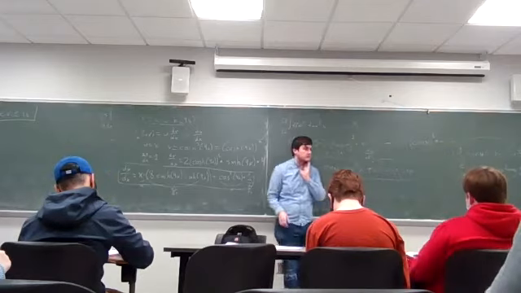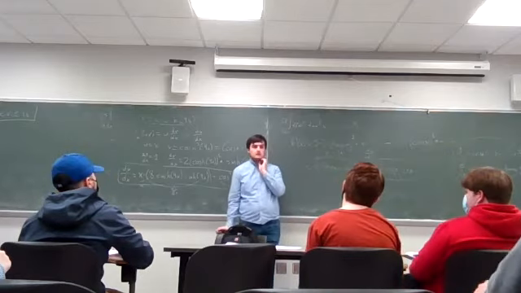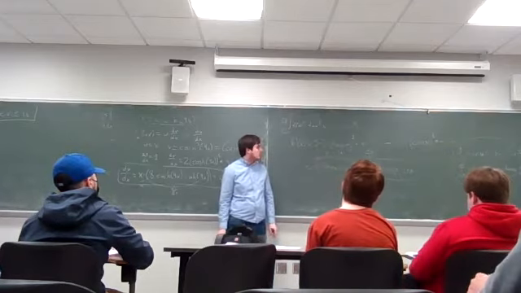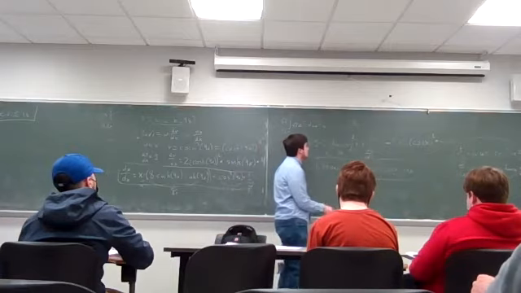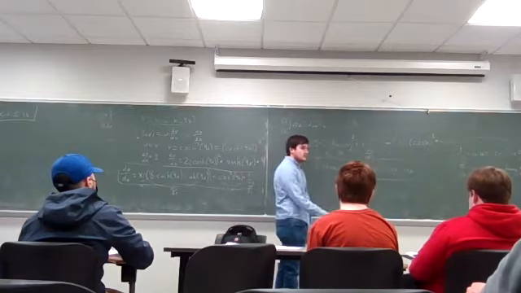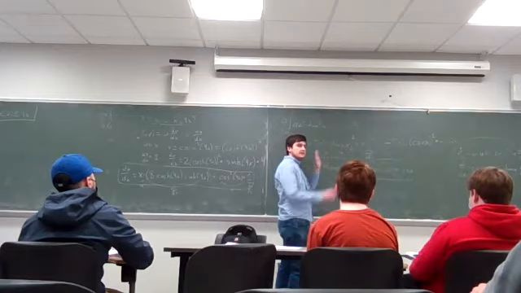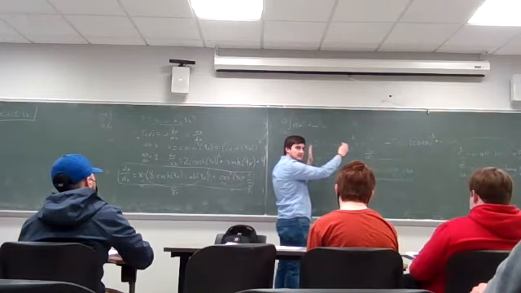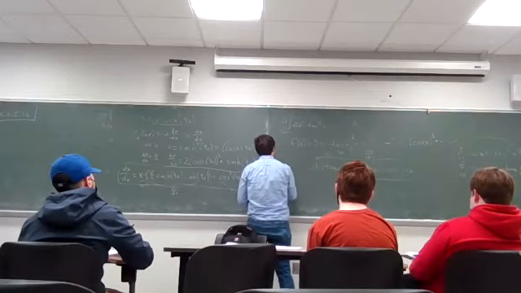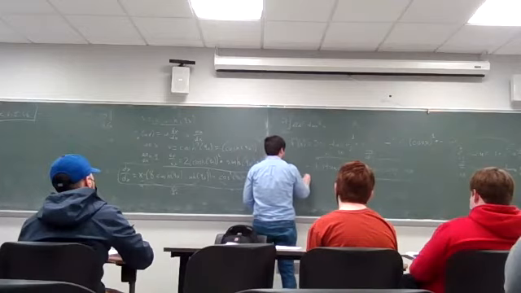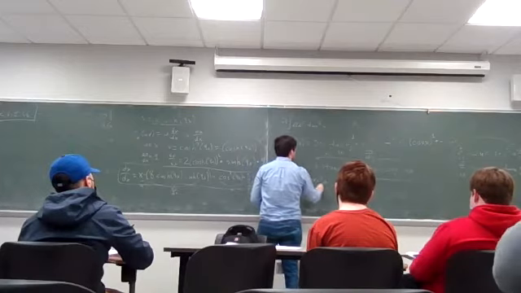Good. Further questions on that? If it was just tangent x, would you have to use the chain rule? Because it's tangent squared x, you have to use the chain rule, yes, because it's tangent to a power. So I need to factor in that power. If I was just taking the derivative of tangent x, that would just be secant squared.